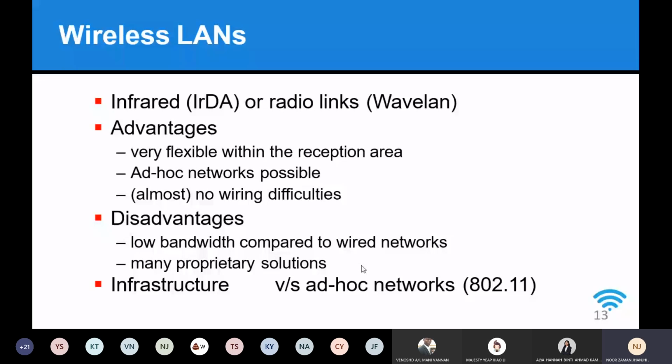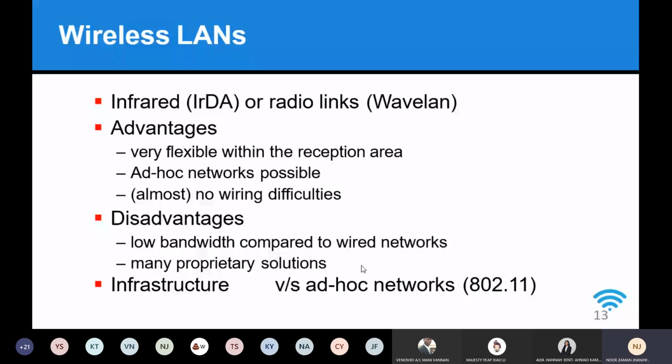But the disadvantages are low bandwidth and many other issues that we just discussed. Wireless networks have the IEEE standard 802.11, and then we say 802.11a, b, c, d, n, g, and so on. We will discuss this in a couple of minutes as well.